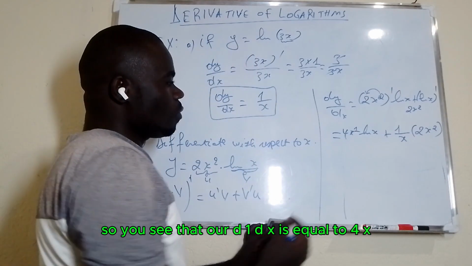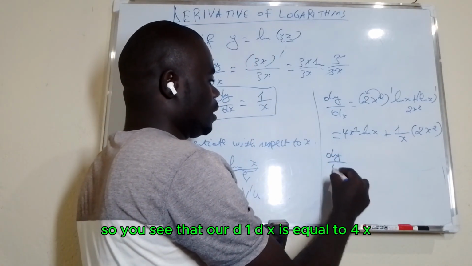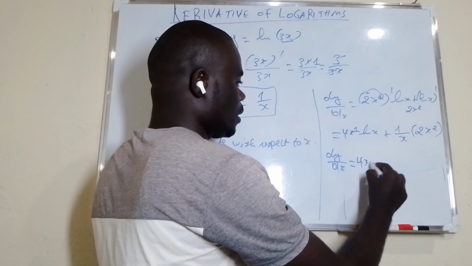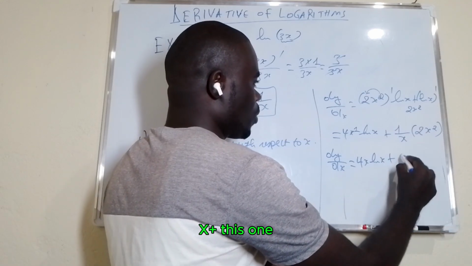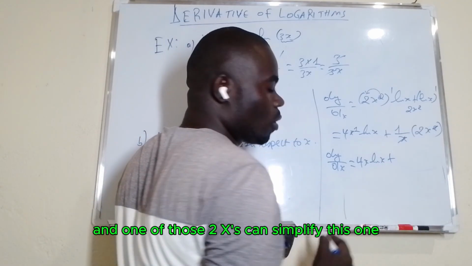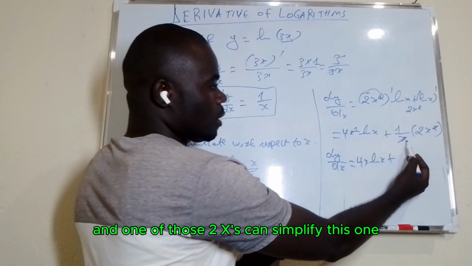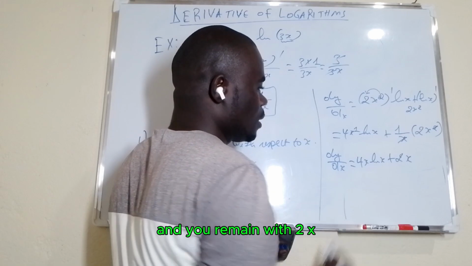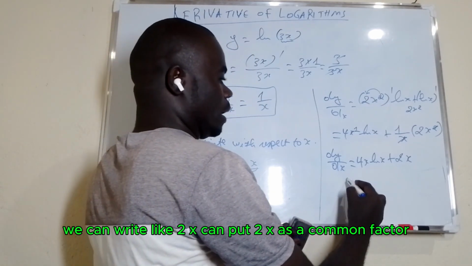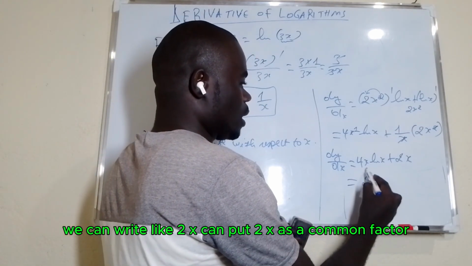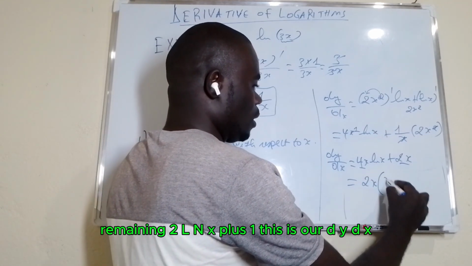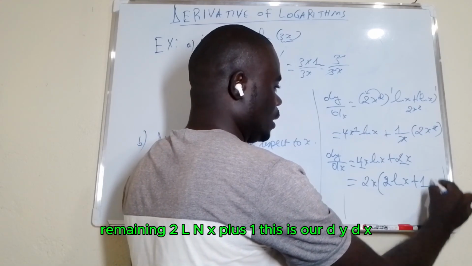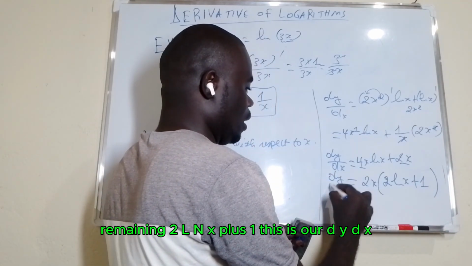So you see that our dy/dx is equal to 4x ln of x plus this term, and one of those two x's can simplify and you remain with 2x. We can put 2x as a common factor, remaining with 2 ln x plus 1. This is our dy/dx.